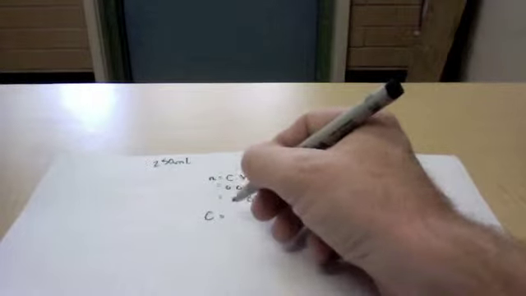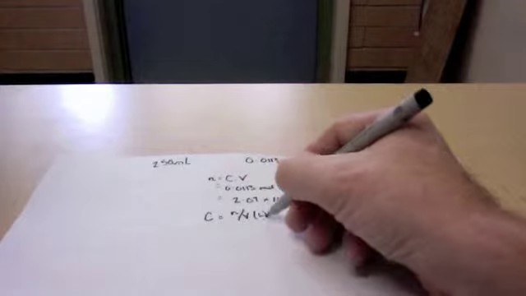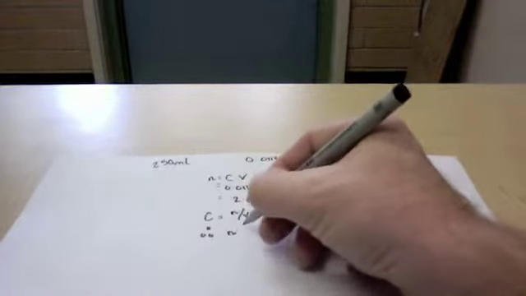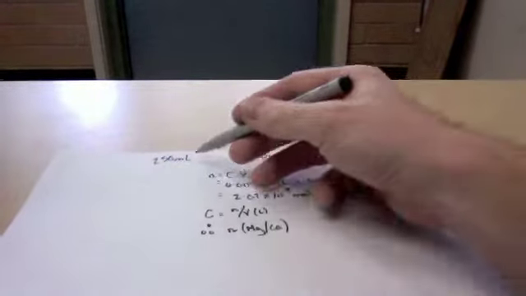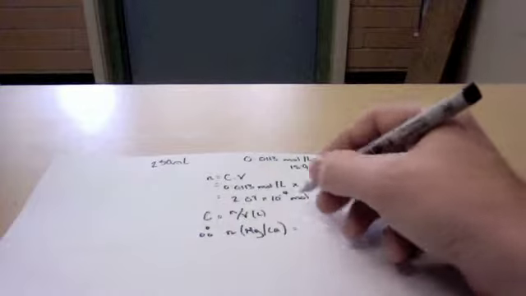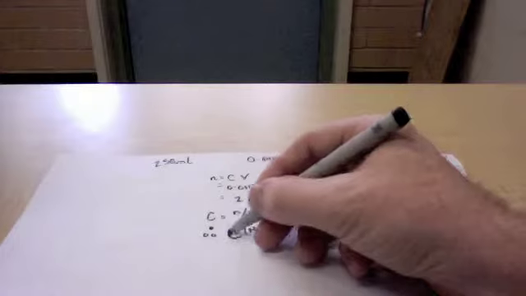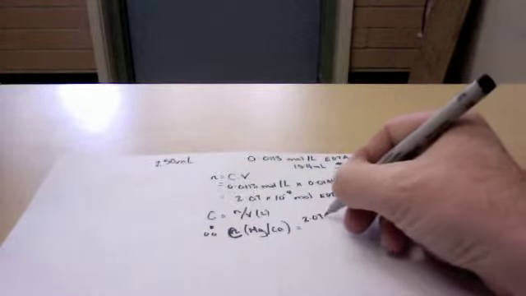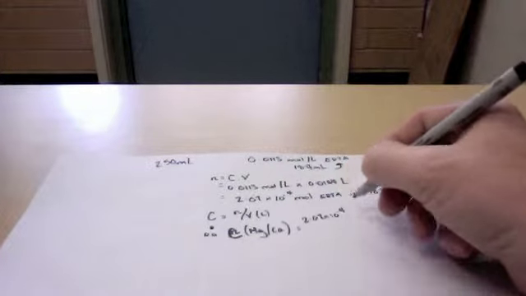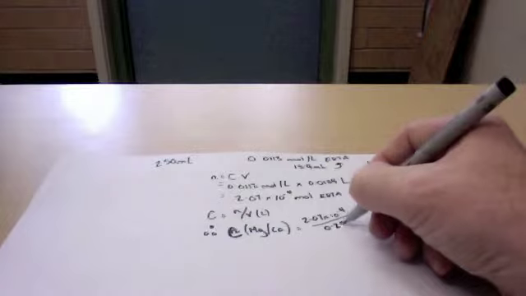Concentration, you know, is equal to the number of moles you have divided by the volume in litres. So therefore, the concentration of magnesium and calcium ions in my water sample is equal to the number of moles that are there divided by the volume in litres.